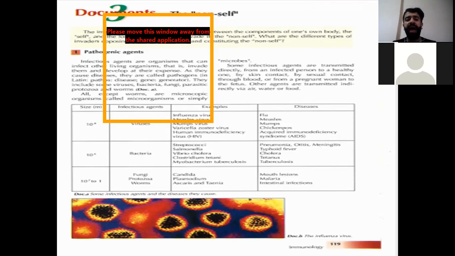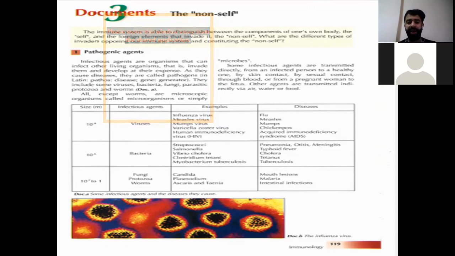Infectious agents are organisms that can infect other living organisms, that is, invade other organisms and develop at their expense. They can cause disease, and whenever they can cause disease, these agents are called pathogens.